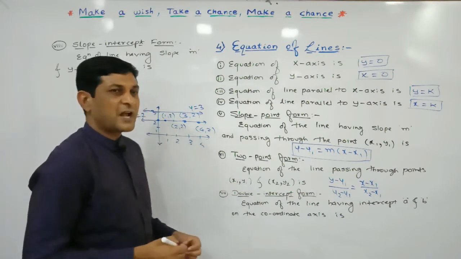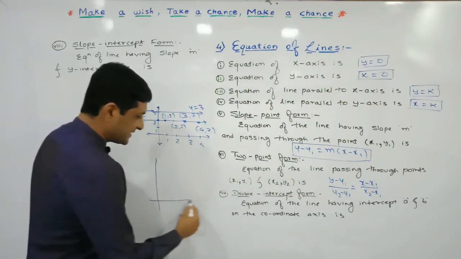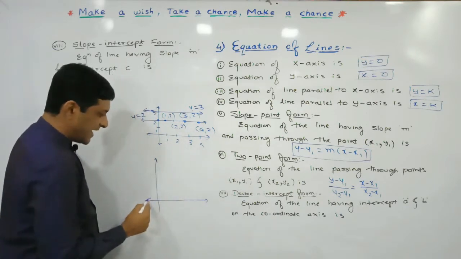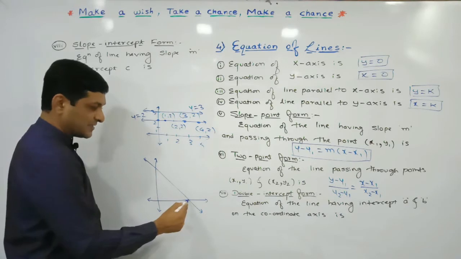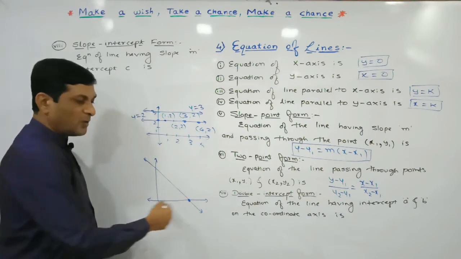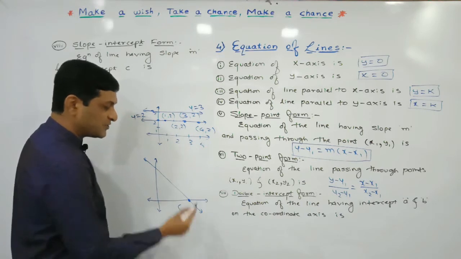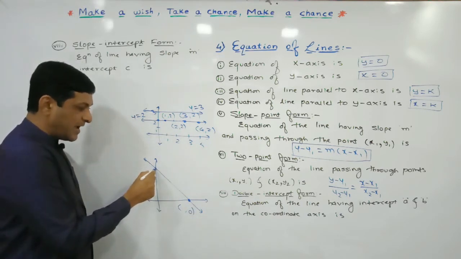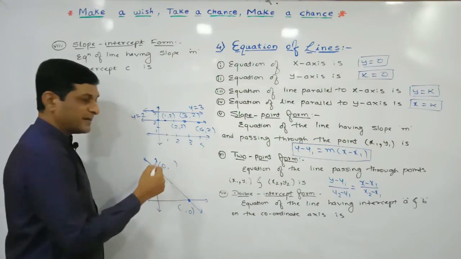So first let us try to understand the meaning of intercept. Let these be the x-axis and y-axis. Let one line intersect somewhere on the x-axis and somewhere on the y-axis. Since this point lies on the x-axis, here we can say that the y coordinate is 0, and this point lies on the y-axis, so the x coordinate is 0.